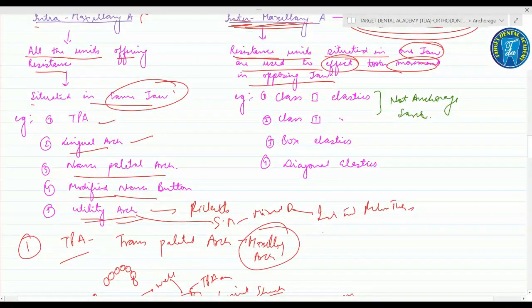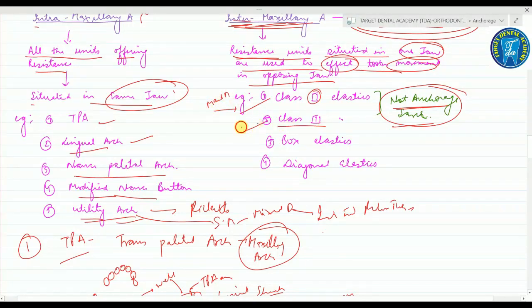And yes, these two, class 2 and class 3, are not anchorage savers. Why? Because in class 2 there is a little mesial movement of the mandibular molar, while in class 3 there is mesial movement of the maxillary molar.